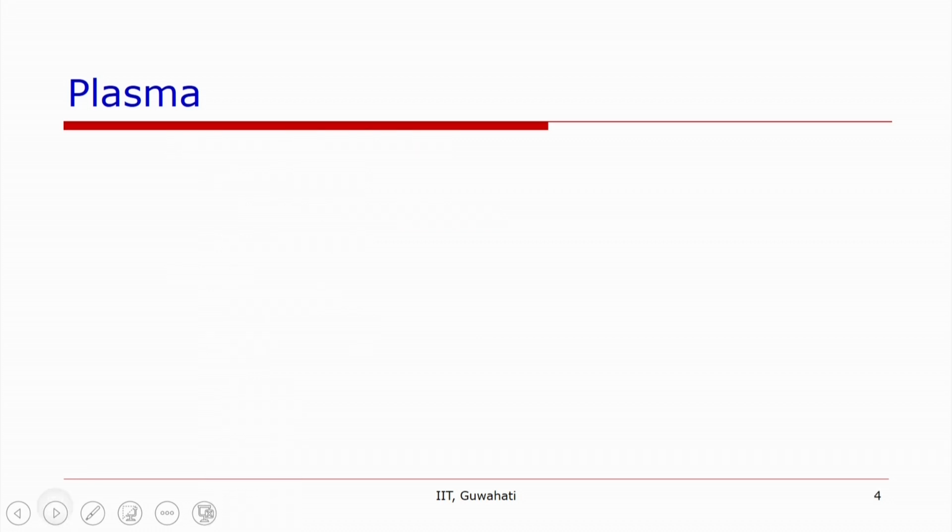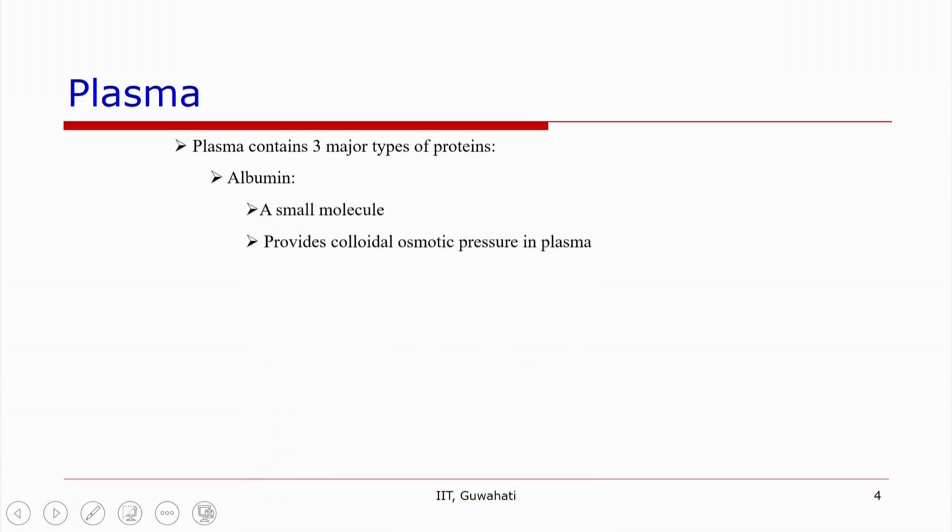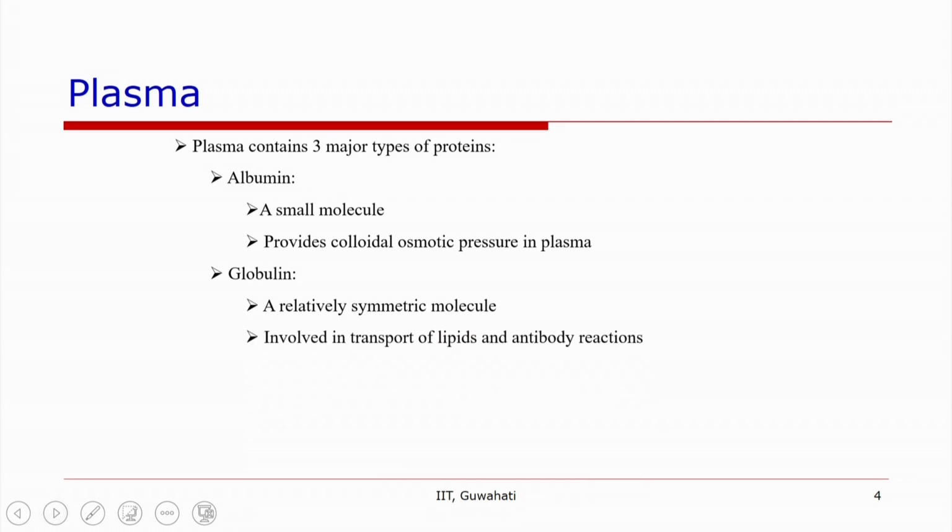Among the proteins, plasma contains three major types of proteins. Albumin, which is a small molecule and it provides the colloidal osmotic pressure in the plasma. Another protein present in plasma is globulin, which is a relatively symmetric molecule and is mainly involved in the transport of lipids as well as in antibody reactions.